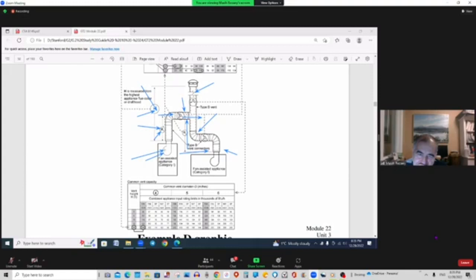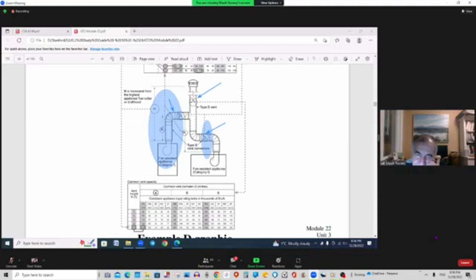Exactly the same, except for the lateral, we have R. We find D1, D2. But the important one is here, sir: the common vent. This common vent is important, okay? So this common vent, we have to go and find it.